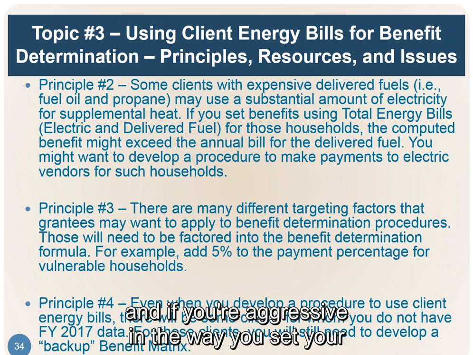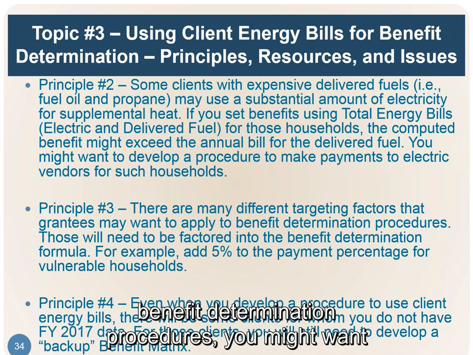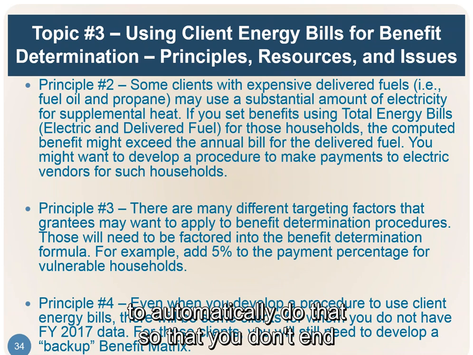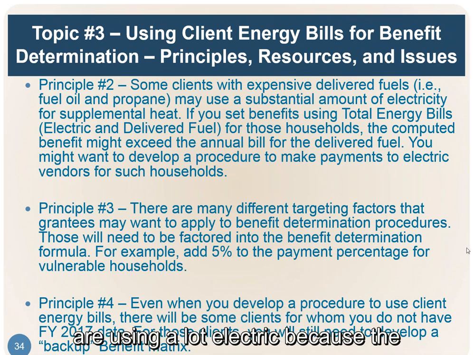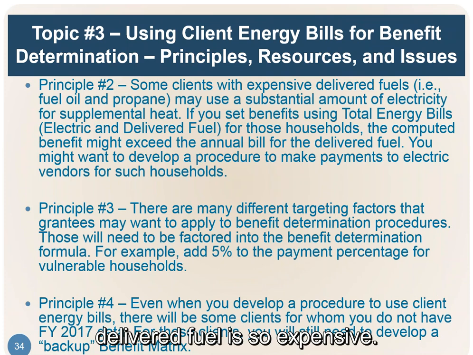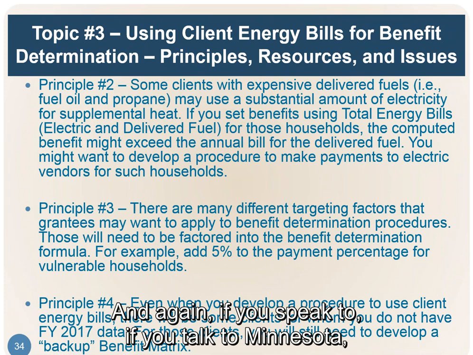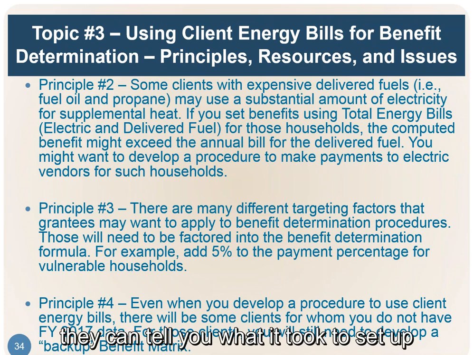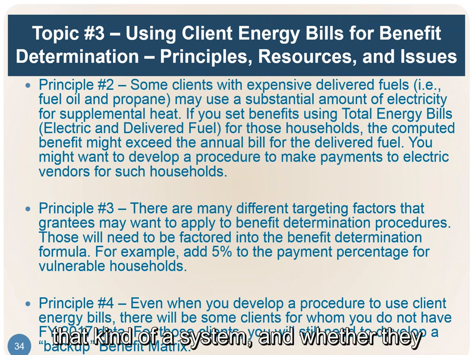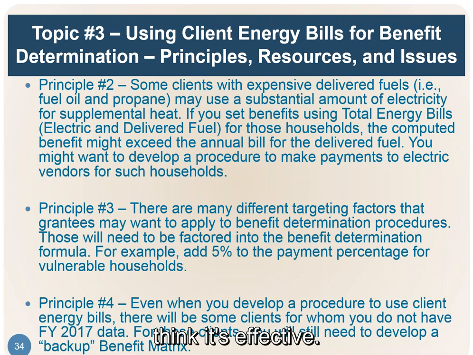And if you're aggressive in the way you set your benefit determination procedures, you might want to automatically do that so that you don't end up with credits on the accounts of households that are using a lot of electric because the delivered fuel is so expensive. And again, if you talk to Minnesota, they can tell you what it took to set up that kind of a system and whether they think it's effective.